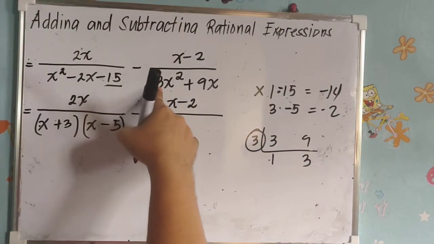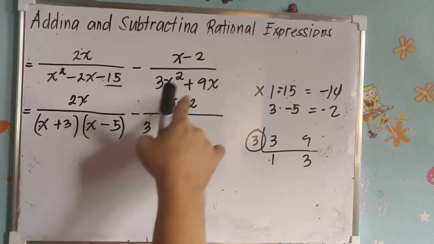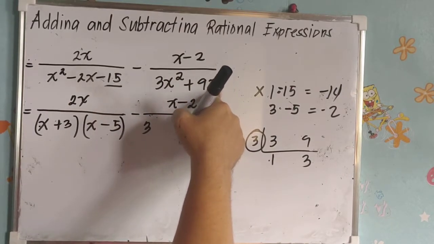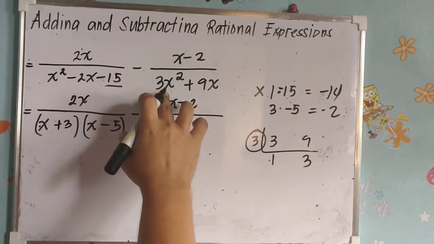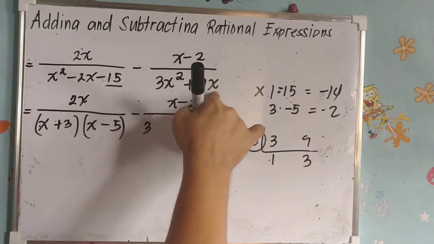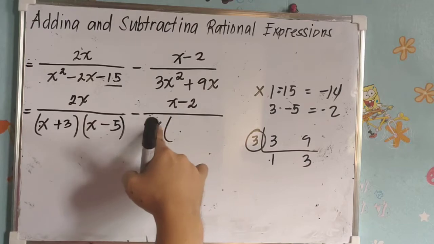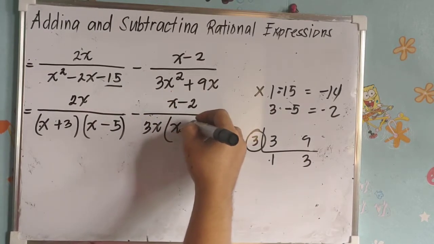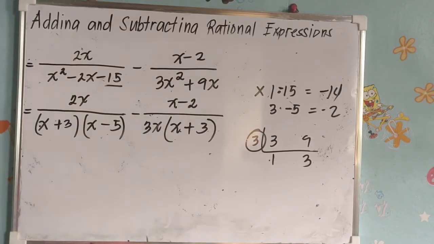So the greatest common factor is 3, and then they both have x. Since in factoring we use the GCF, get the least power: x squared and then x, so we have x. Then 3x squared divided by 3x, so we have x. And then 9x divided by 3x, so we have 3. That's it.